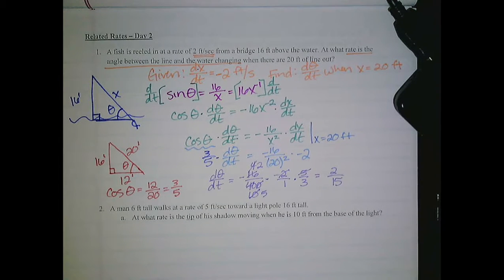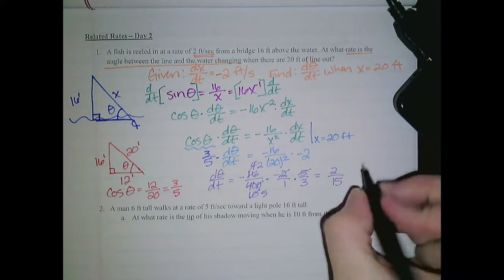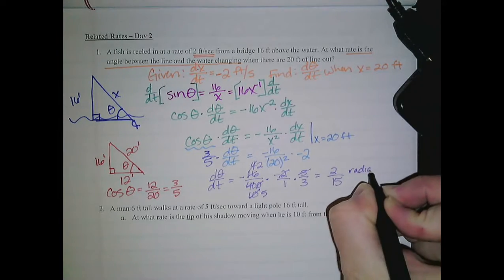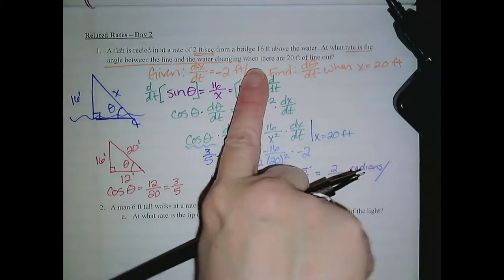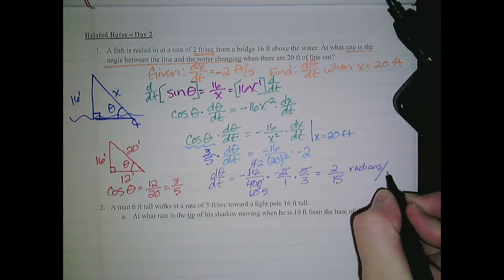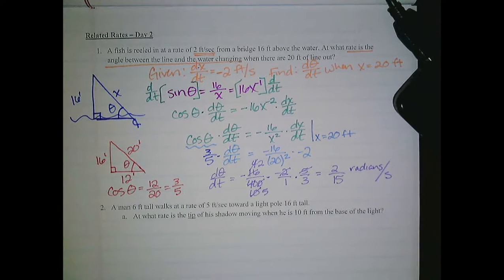So I'm just going to tell you that if you want to look into it a little bit more, you can. In fact, I think our textbook even discusses a little bit why it would be in radians, or you could just take my word for it that the angle will be in radians. And our time measurement originally was in seconds, so that part didn't change. We're talking about radians per second.